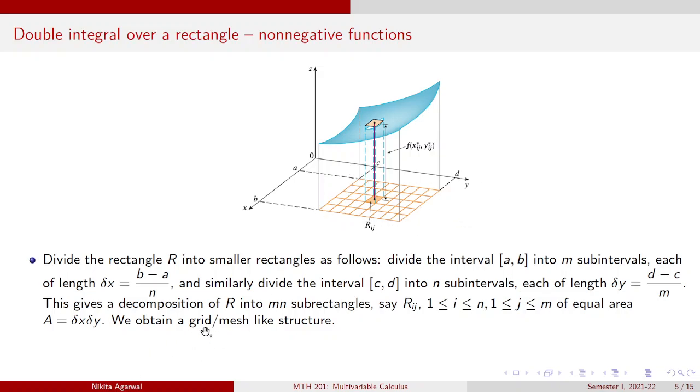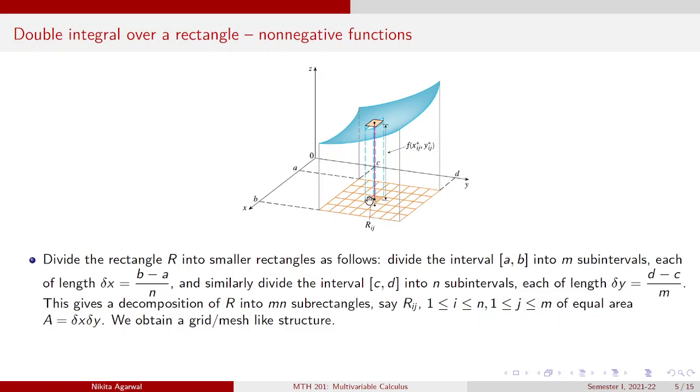And this gives a decomposition of R into m times n subrectangles, right? Because in this side you have m, this side you have n. So total boxes will be how many? They will be mn. And let us call them R_ij, where i goes from 1 through n and j goes from 1 through m. Okay.